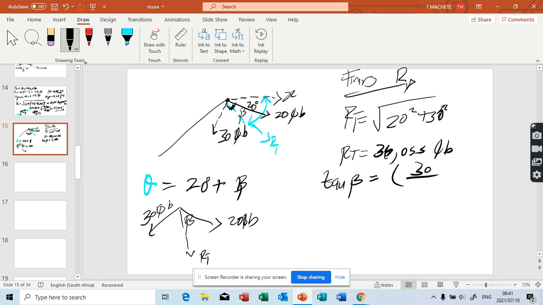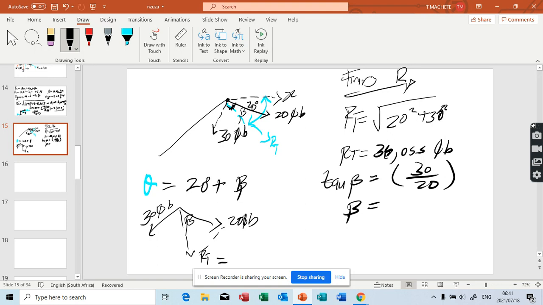Yeah, I get this is R, so it cannot be adjacent to R. So you're going to say tan inverse of 30 over 20.